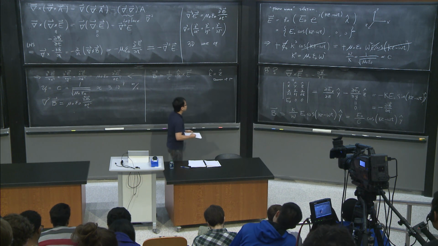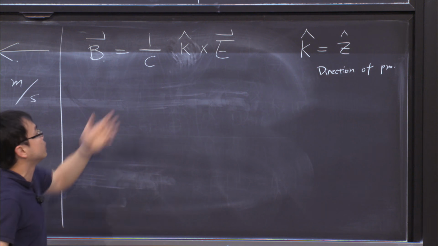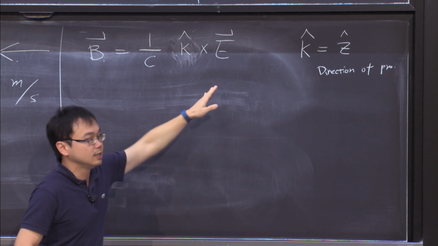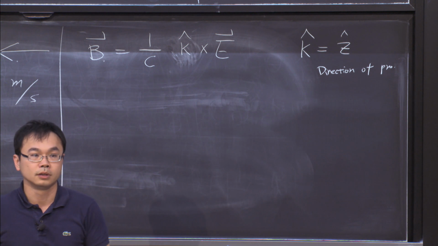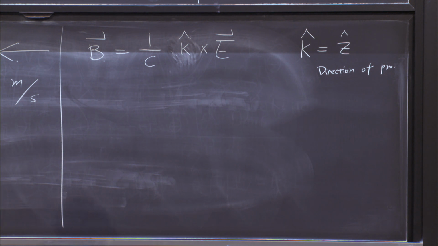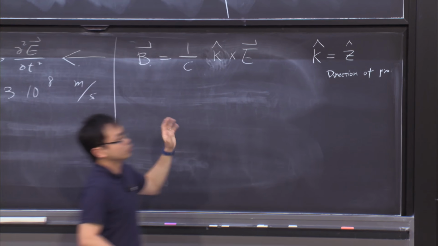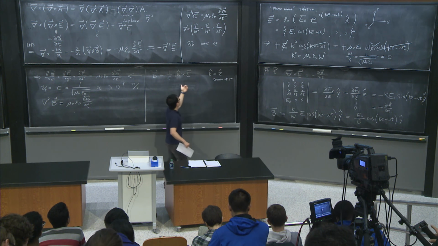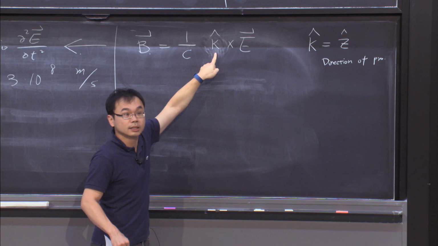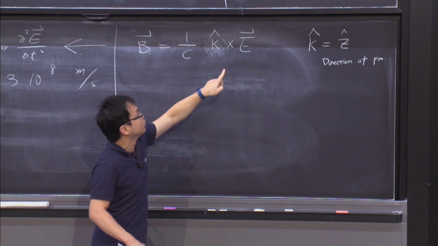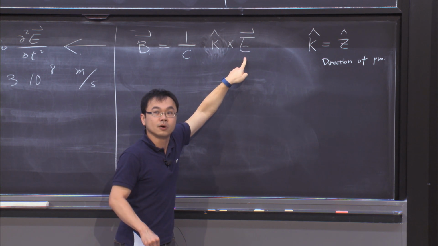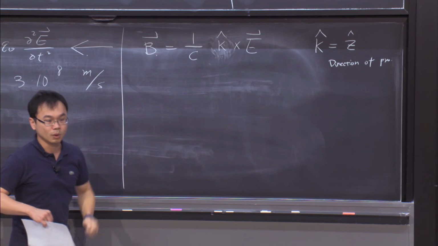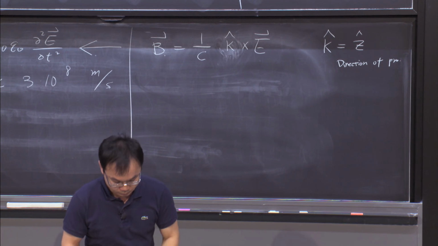That tells you B and E have a rather simple relation. You don't need to go through all those calculations again, because if you know the direction of propagation and the direction of the electric field, you can already evaluate what the B field will be.